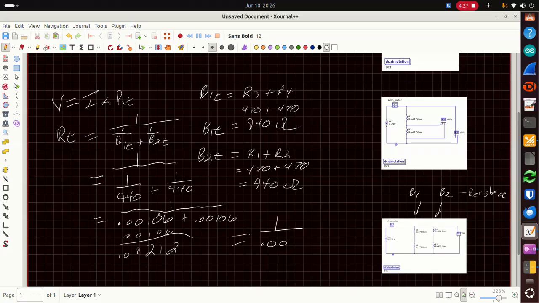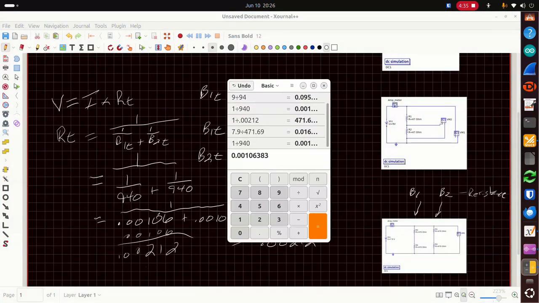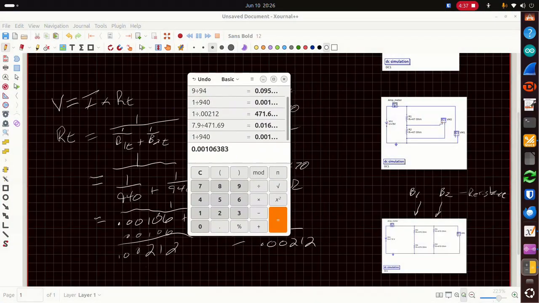Is the total, so this equals 1 over 0.00212. And again, we'll grab our calculator.